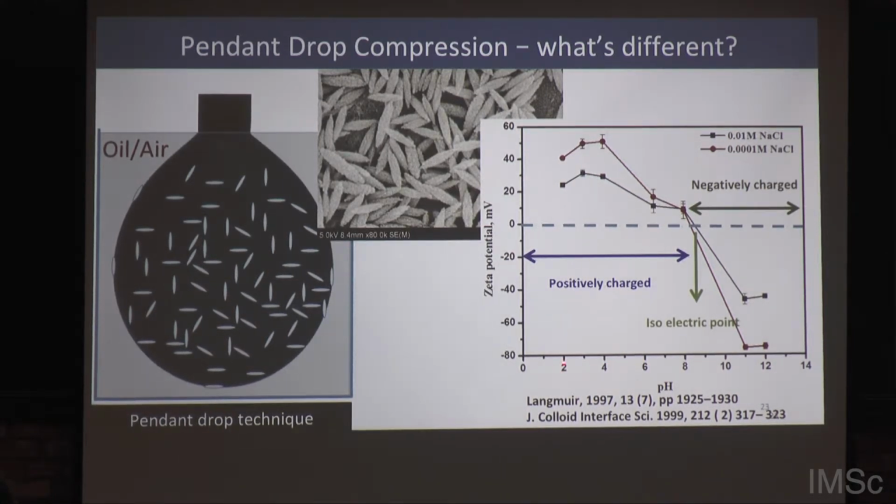Close to the isoelectric point the particles are uncharged; at acidic pH the particles are positively charged, and at basic pH the particles are negatively charged. So this hematite particle system is a very nice system to tune the surface charge on the particle without adding any other additives, just by manipulating the pH.